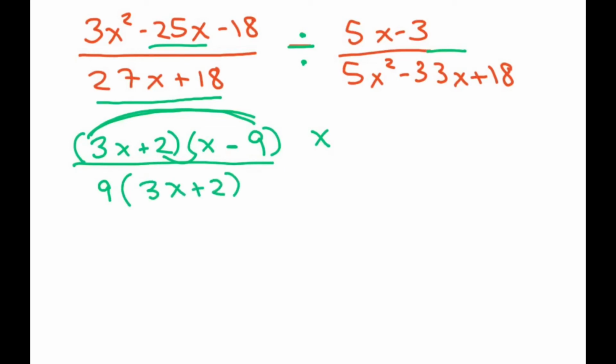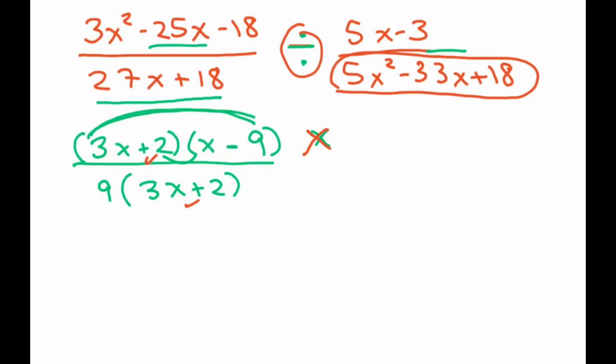And notice that these two match here. Now, I'm going to go ahead and change this to times, and this is going to flip. So I'm going to put this in the numerator, and I'm going to go ahead and factor that. So it's going to be a 5x and an x.